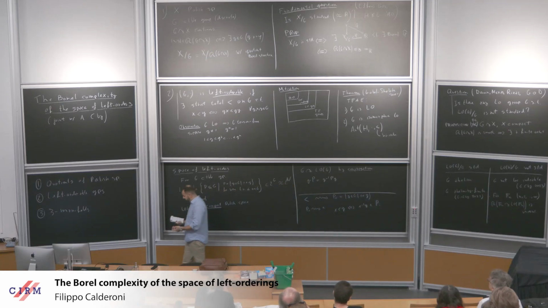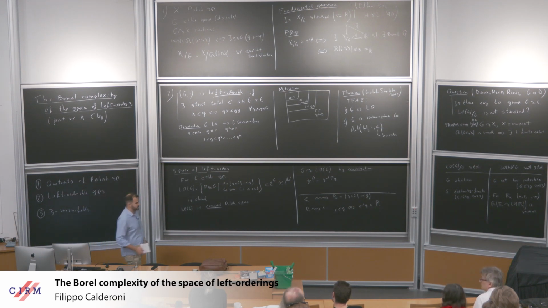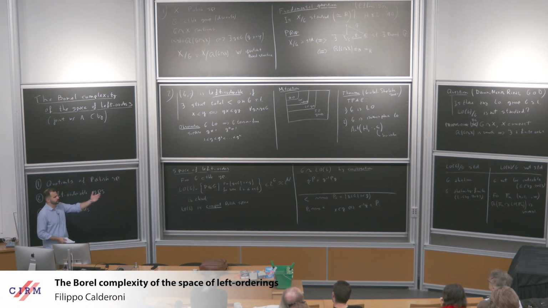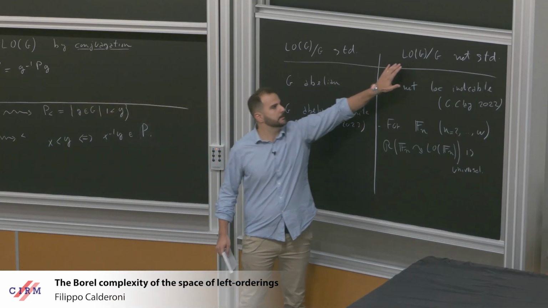I have an example here due to George Bergman, but it's not really illuminating of how a group of this sort looks like. But I'd like to move on to talk about another class of groups which are nice examples of left orderable groups for which this is not standard.